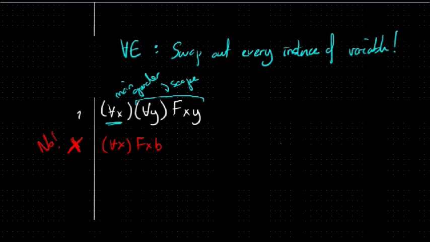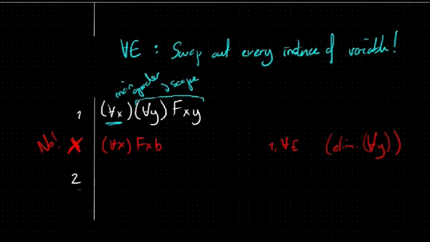So that would be an appeal to line 1 and universal elimination. We can't do that because the AY that we're trying to eliminate, that's what we've done here, we've eliminated the AY. We can't do that because it's not the main operator of this sentence.